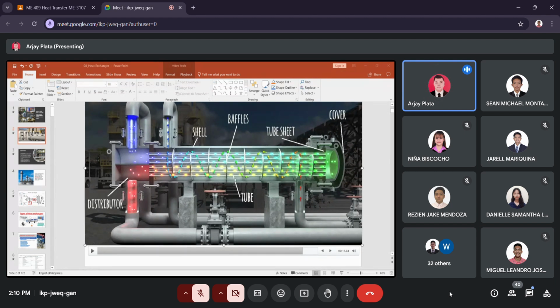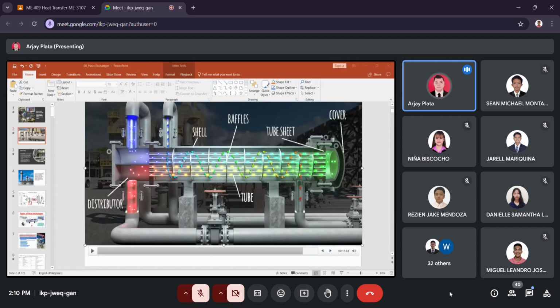But if there's a baffle, the flow will have a direction. In this case, the baffle is horizontal cut, so there's a cut here. So when the fluid enters the shell, it touches the baffle, and now it has a direction. Yeah, up, down, up, down.